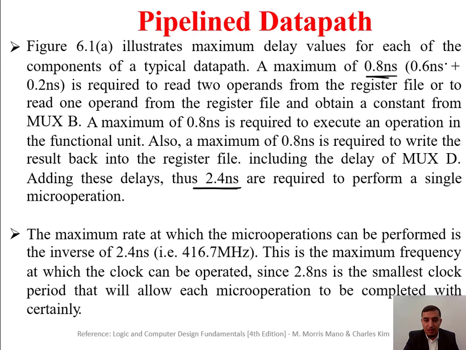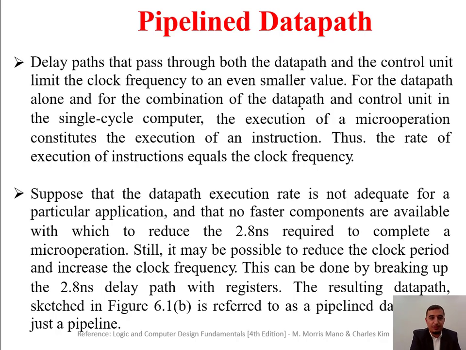So the maximum time needed basically is 1 nanosecond, and this 1 nanosecond will give us a total frequency of 1 gigahertz. Now the 2.4 nanoseconds, which is for the conventional data path, will in turn give us around 416 megahertz, whereas the 1 nanosecond will give us 1 gigahertz, which is a huge improvement.